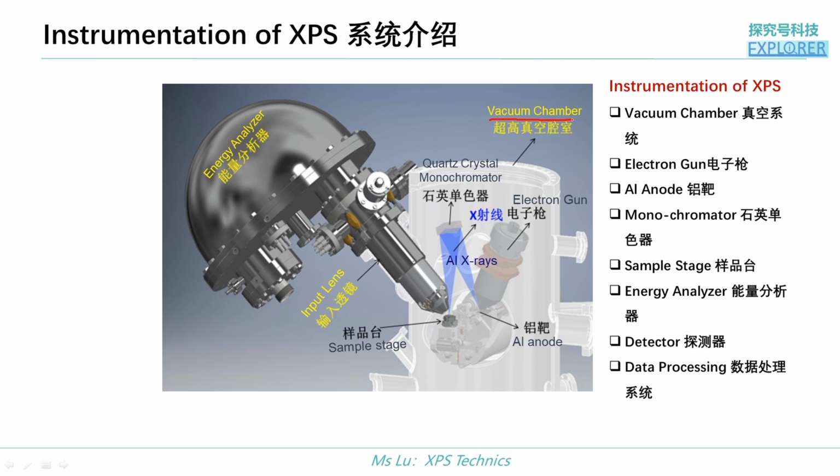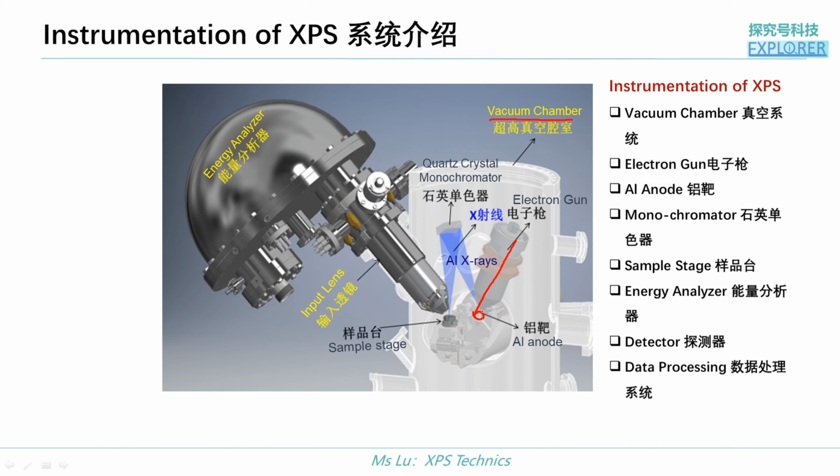So how is X-ray produced? First of all, the electron source is incident on a metal anode. As for commercial XPS, the commonly used one is an alumina target.